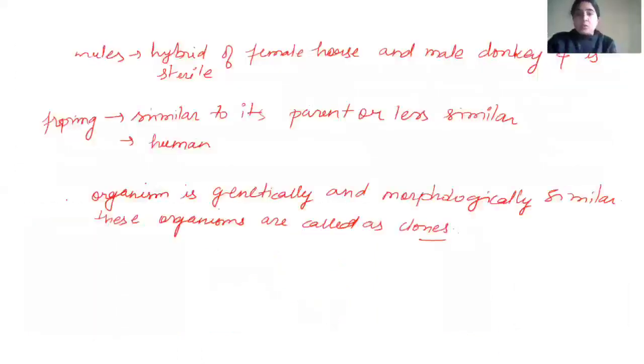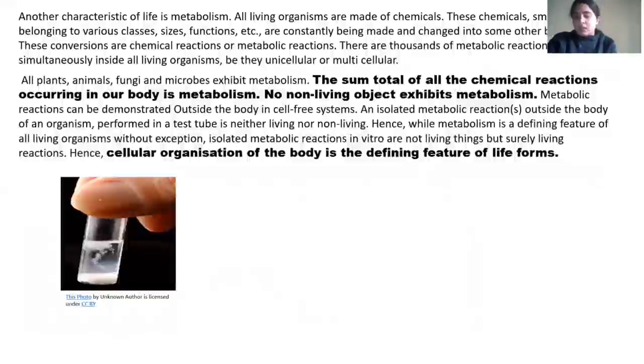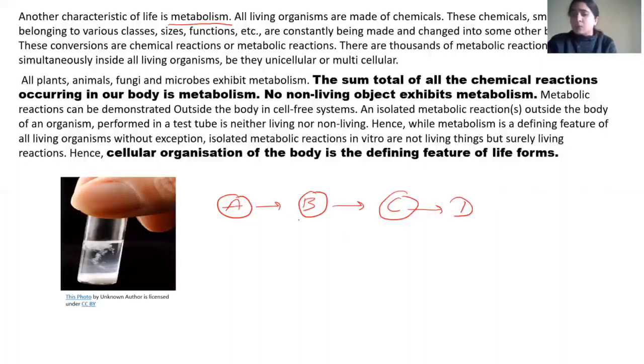Okay, so the next very important characteristic of living organisms is metabolism. And what is metabolism? We know that our body is made up of chemicals, like chemical A gets converted into B, B gets converted into C, C gets converted into D, and so on.